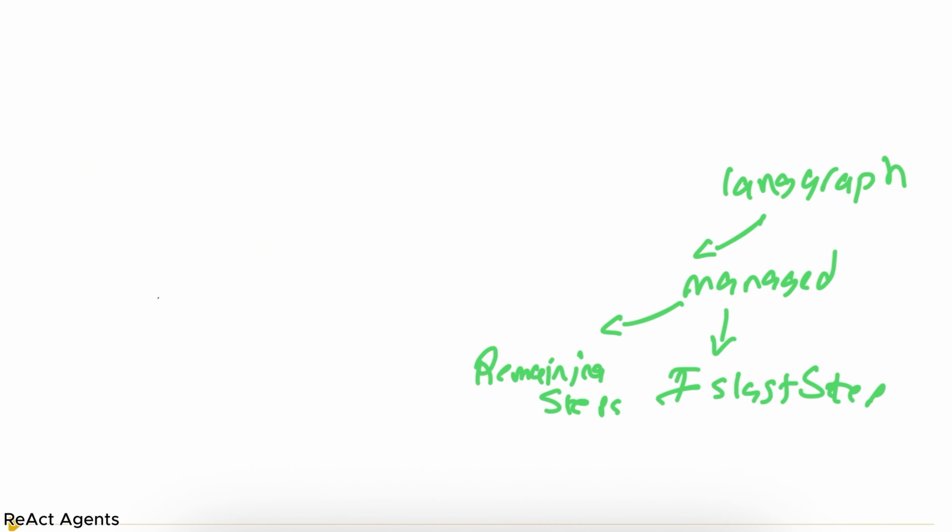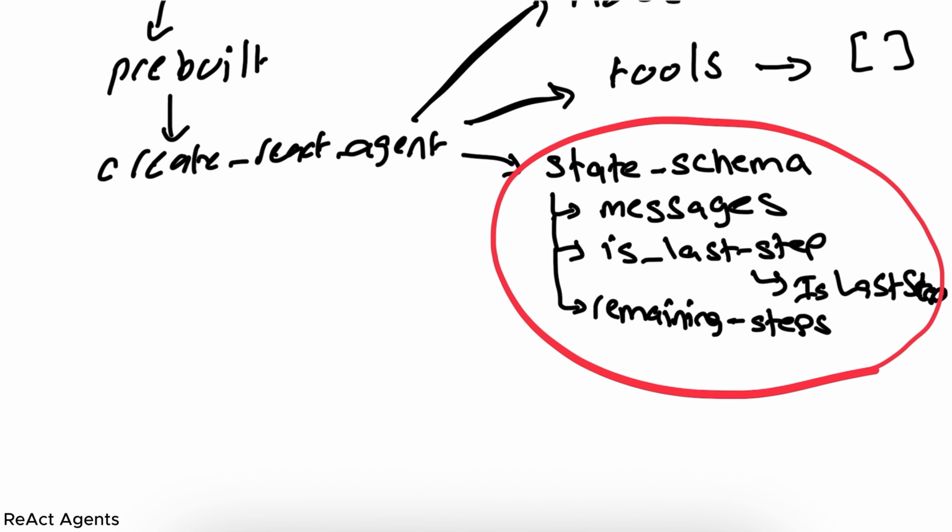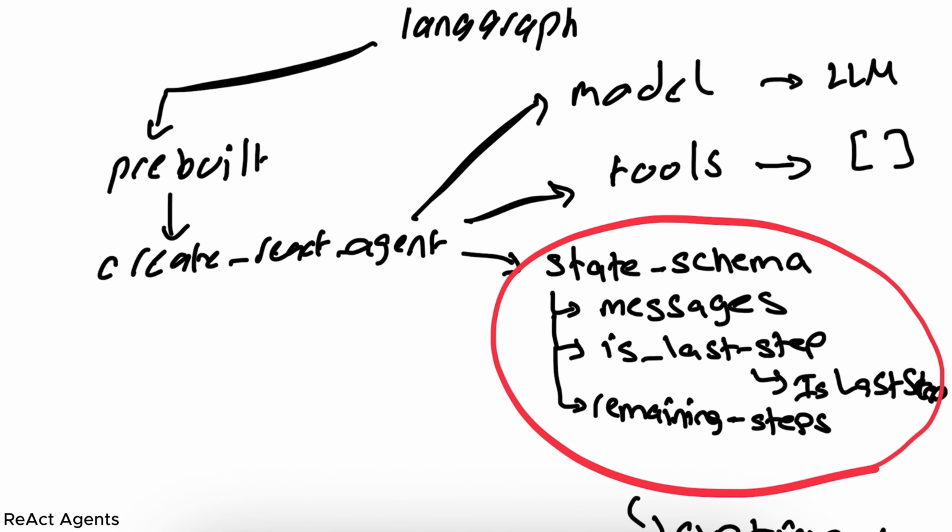Remaining steps is used to avoid infinite loops. It is more for monitoring, and is last step indicates if the current execution step is actually the final one in the workflow. Having a custom state is optional, but it is used to handle the behavior of the model.